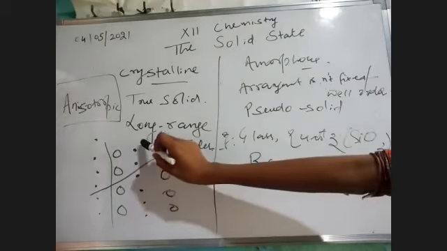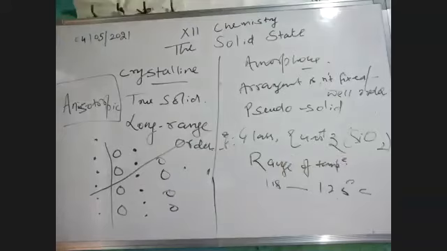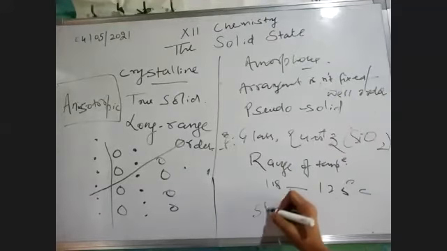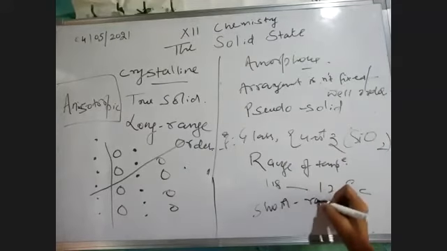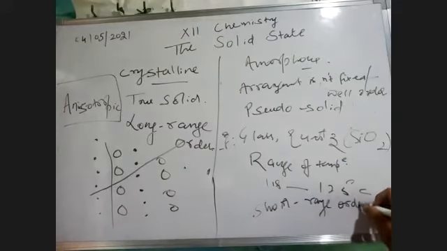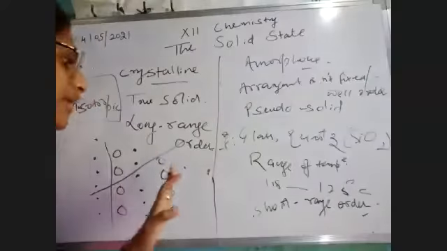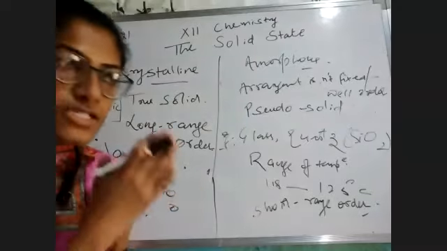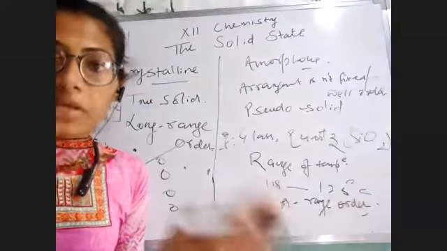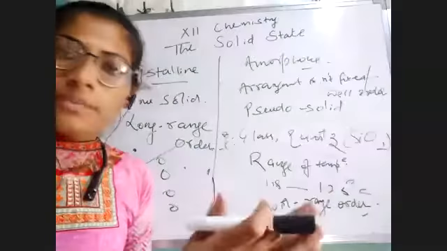I had told you this is long range order, so I would say this is short range order. I hope I have made sense of what long range order and short range order are. Long range order means the arrangement is for a long period, or we can say for the whole solid.